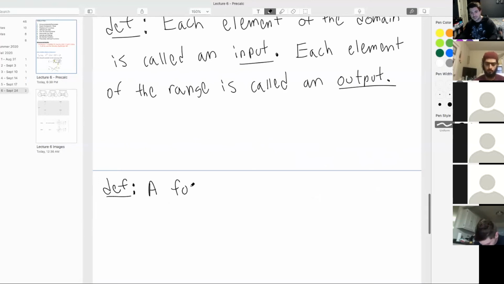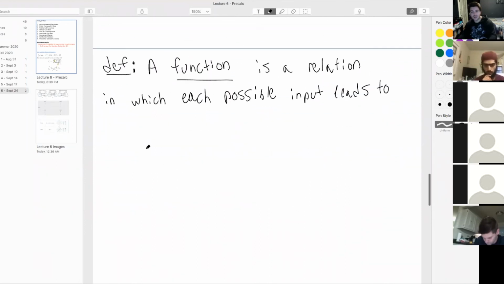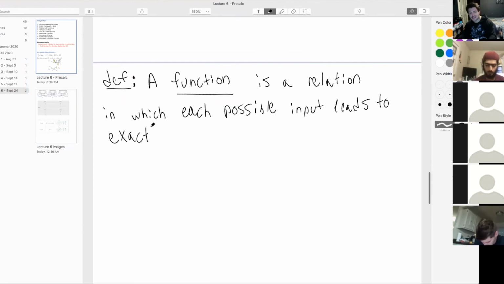A function, I'm going to underline that because that's what I'm defining, is a relation, a special type of relation, in which each possible input leads to exactly one output.